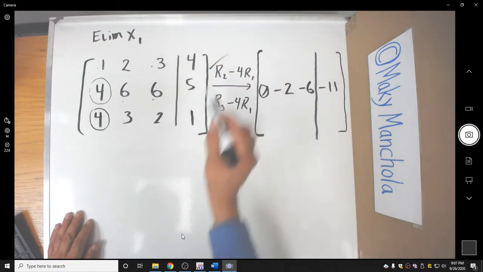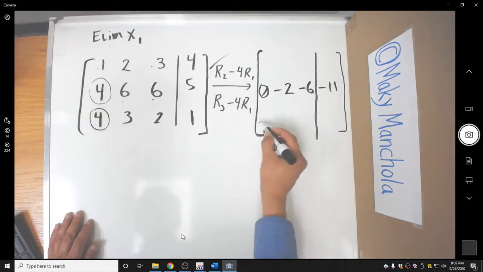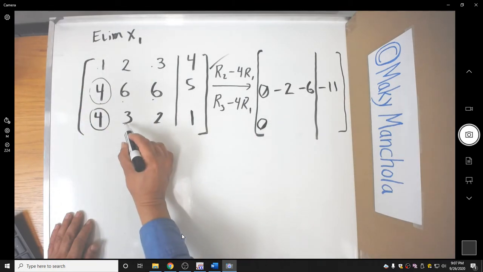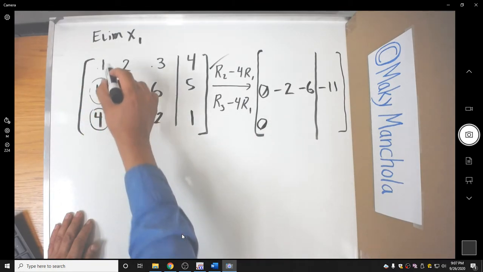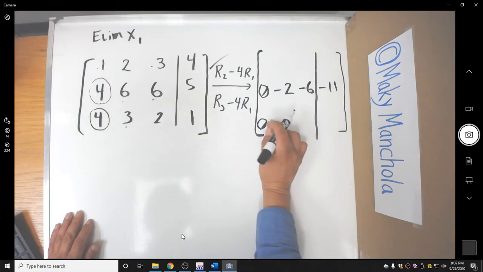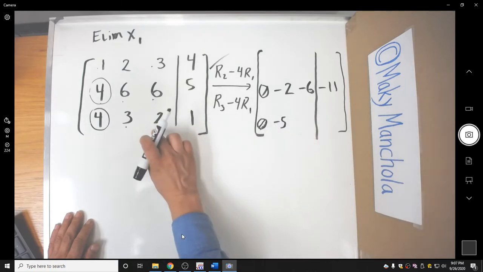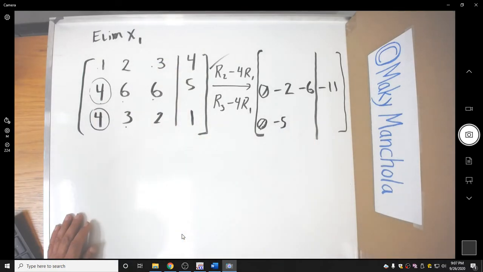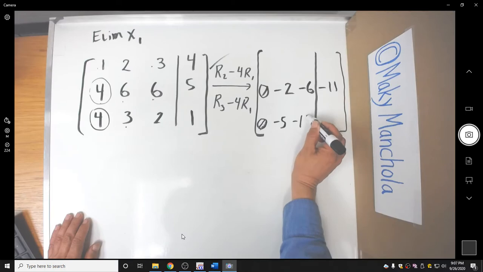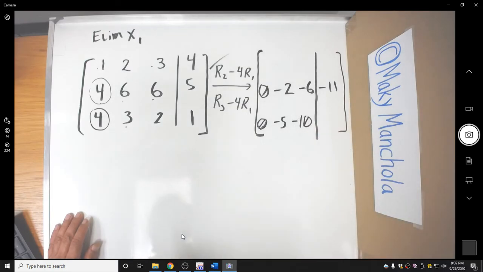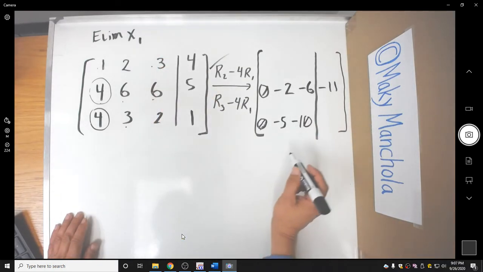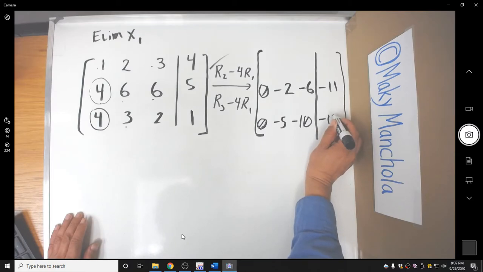Okay, so that one's done. Now, 4 minus 4 is 0. 3 minus 8 is negative 5. 2 minus 12 is negative 10. And 1 minus 16 is negative 15.